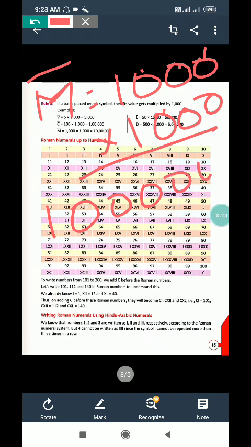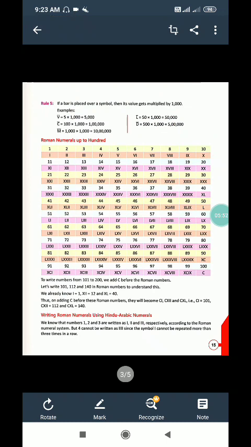Ones, tens, hundreds, thousands, ten thousands, lakh, 10 lakh. So the value of M with a bar is equal to 10 lakh.